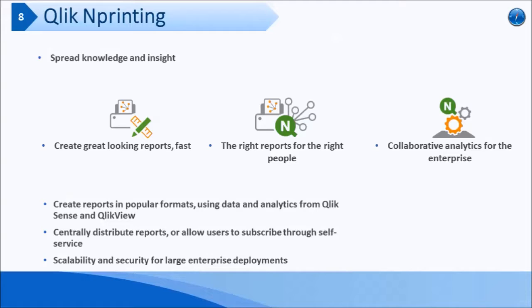We can allow people to be given those reports from the administrator, but we can also allow those people to log into something called Newsstand, and from Newsstand they can subscribe to reports. They need to be identified as a user already of NPrinting so that we can grab their security details.